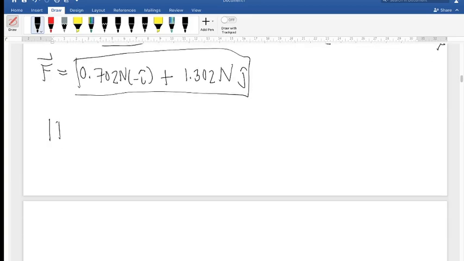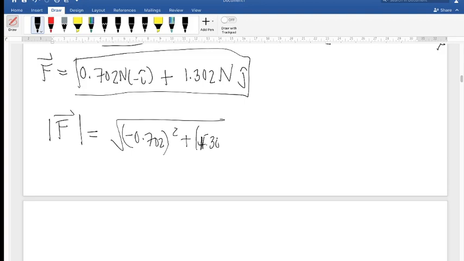So we have the electric force equal to the square root of Fx, so negative 0.702 squared, plus the Fy, 1.302 Newton squared. So it has Newton here. That is equal to 0.702 squared plus 1.302 squared, square root of the answer. So that is 1.48 Newton. This is its magnitude.